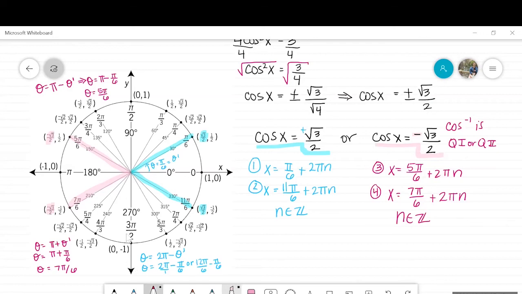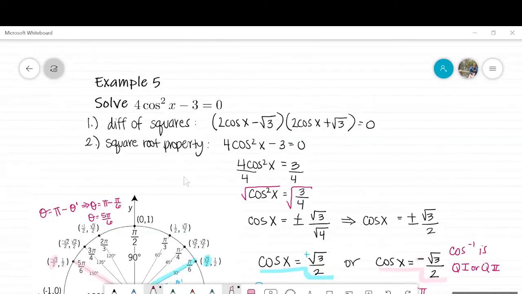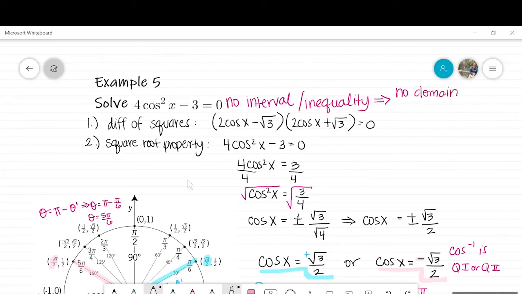Now this is where we go back and check our original question. Do we see that there's no interval or inequality? What this means is there's no domain restriction, no restriction on x.